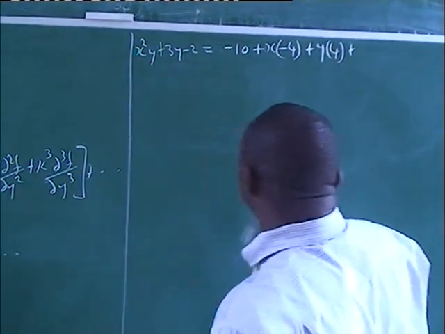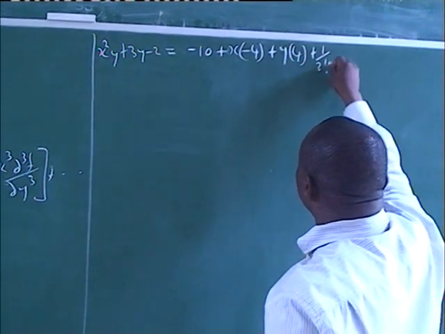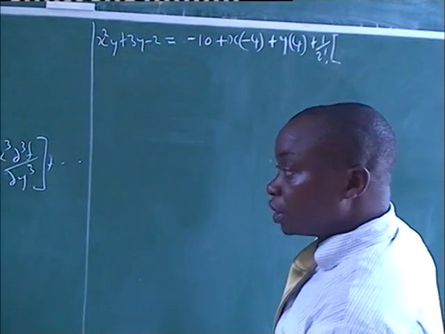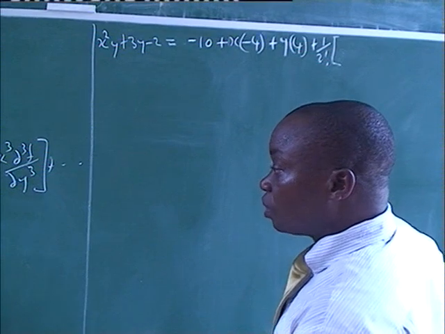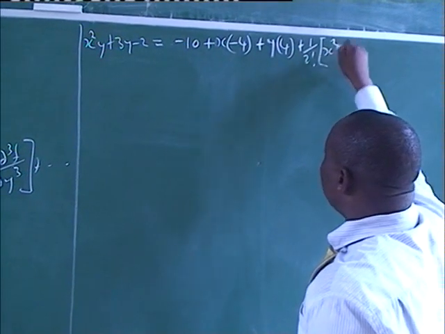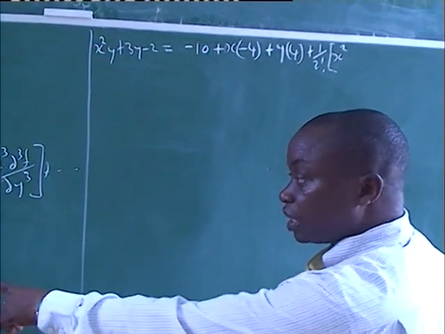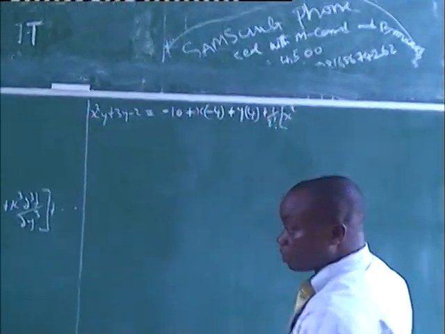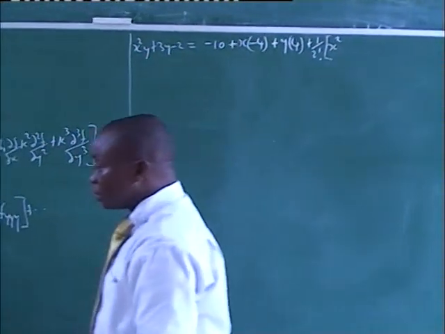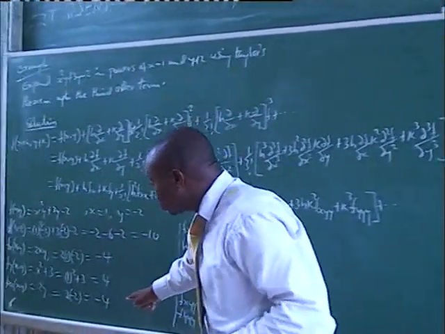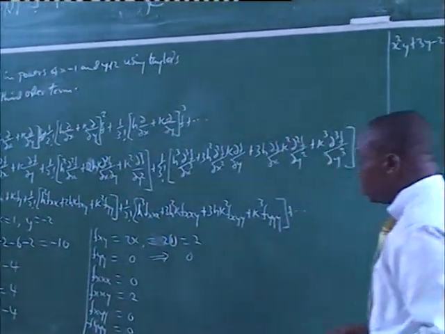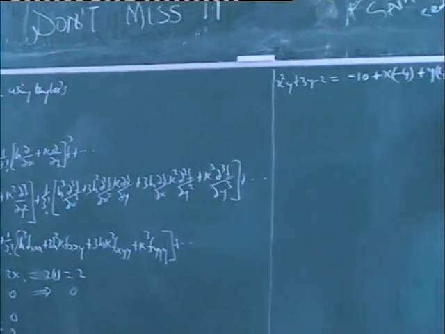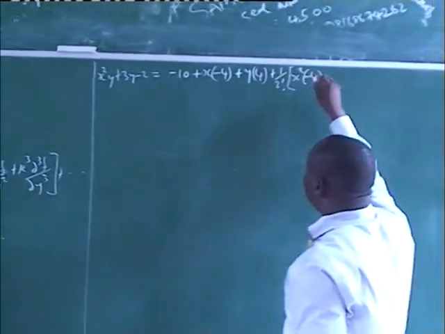Next one we have is 1 over 2 factorial. Then I have h squared, which is x squared. Then the second partial derivative of f with respect to x is where we are looking at. And then that gives us what? Minus 4. So we have minus 4.